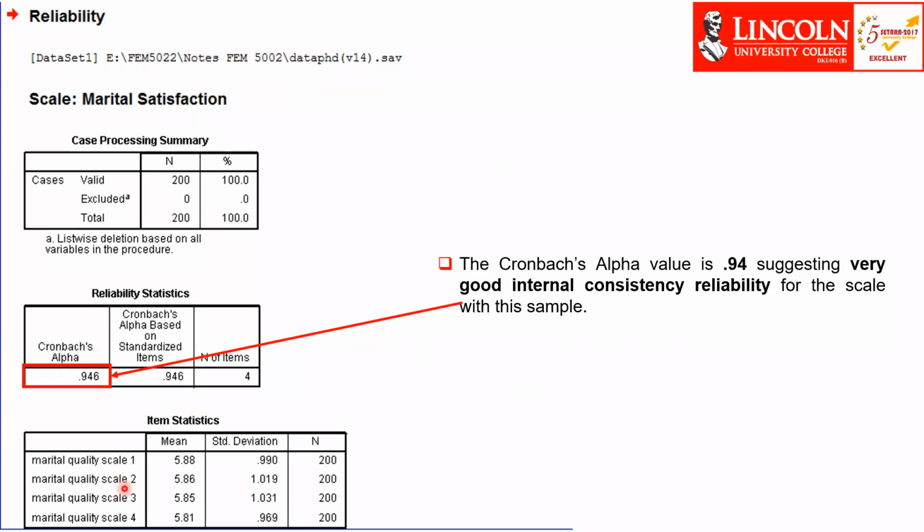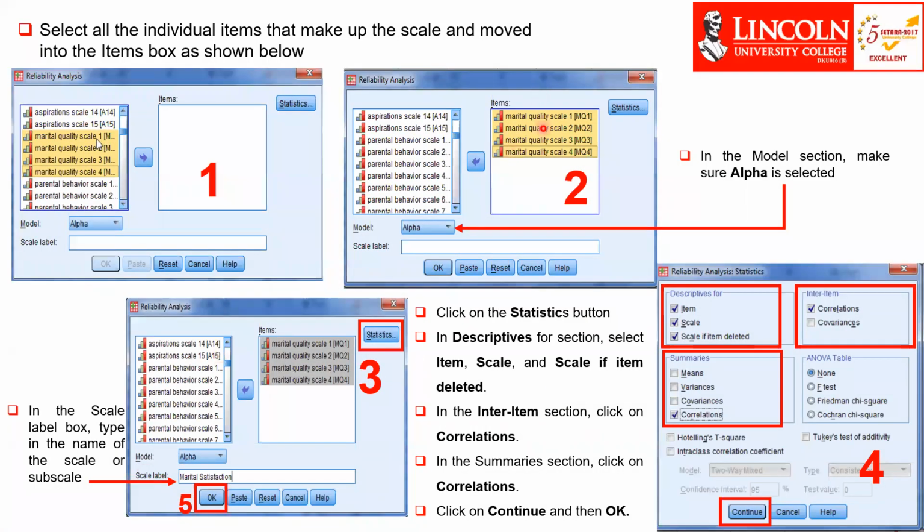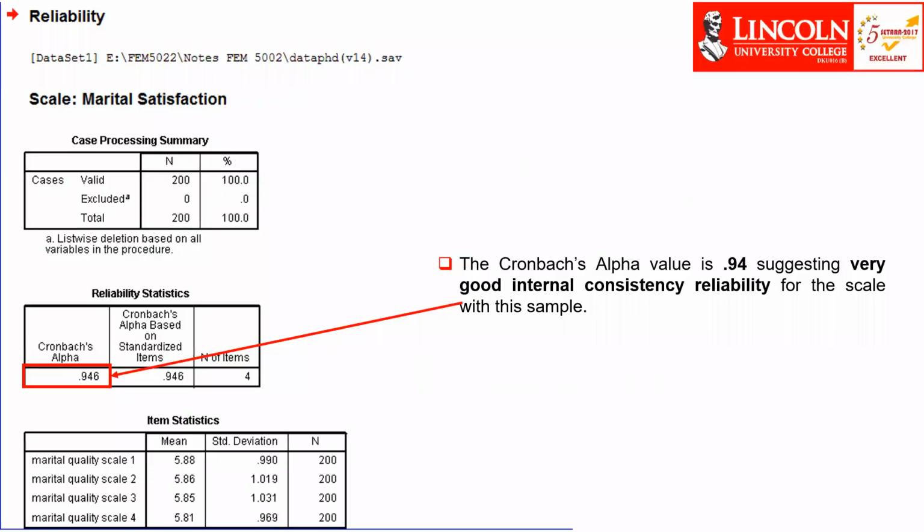We have 4 variables that were added here, and those are the items that I checked. But the most important thing here is 0.946, which indicates very good internal consistency reliability.